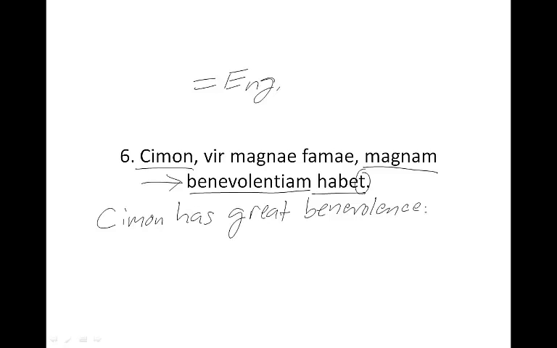But what's this vir magnae famae stuff? Vir is the nominative. Is that the subject too? Well, sort of. It's in apposition to Kimon. So Kimon, and then we can kind of insert this here, a man of great fame. And maybe we can set this off in commas. Has great benevolence.